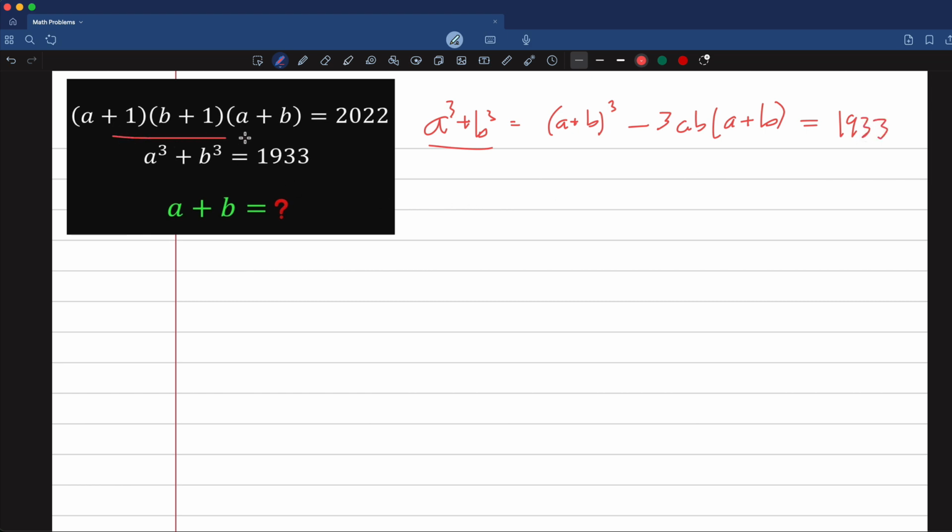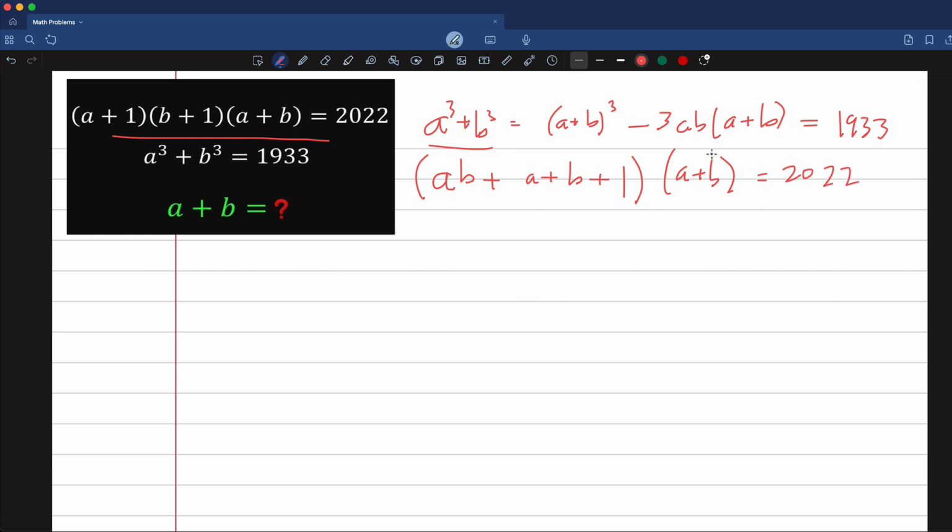Now let's look at the first term as well. When you expand that, what you end up getting is a times b, so ab, plus (a plus 1) times (b plus 1), and this whole thing multiplied by (a plus b) is 2022.